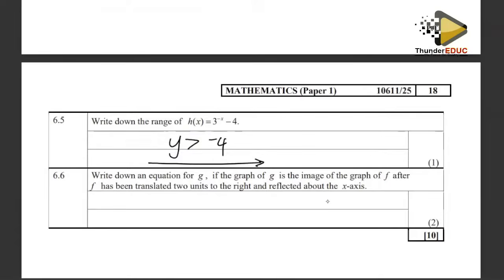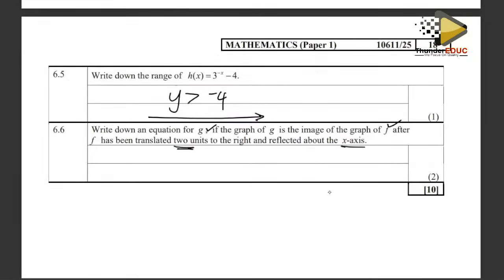All right, then write down an equation for g if g is the image of f after it has been translated 2 units to the right and reflected above the x-axis. So our f of x was just 3 to the x. Now I want to translate it 2 units to the right. It's going to become 3 to the x.